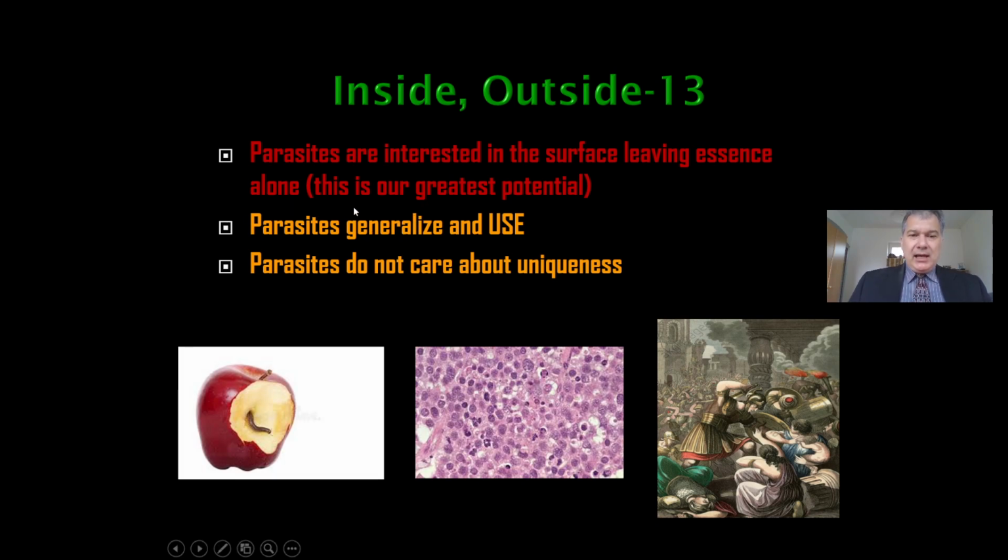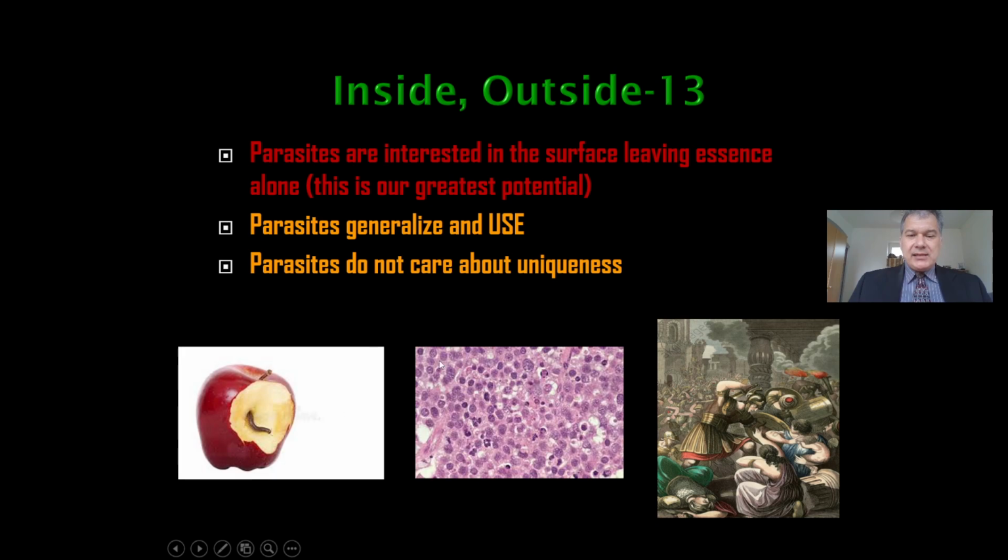Parasites generalize, they make uniformity, and they use a fixed part of a uniform reality. Parasites do not care about uniqueness, and that's how you recognize parasitism. There's no uniqueness.